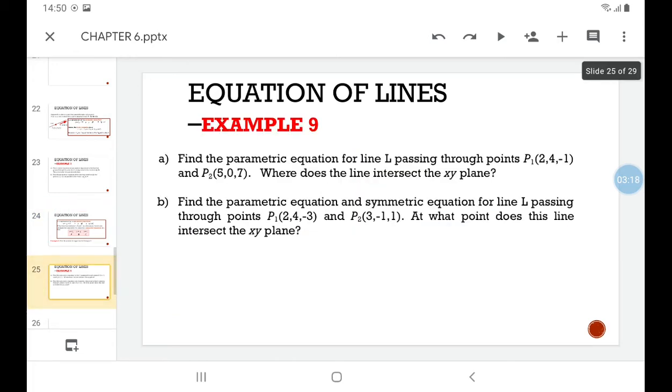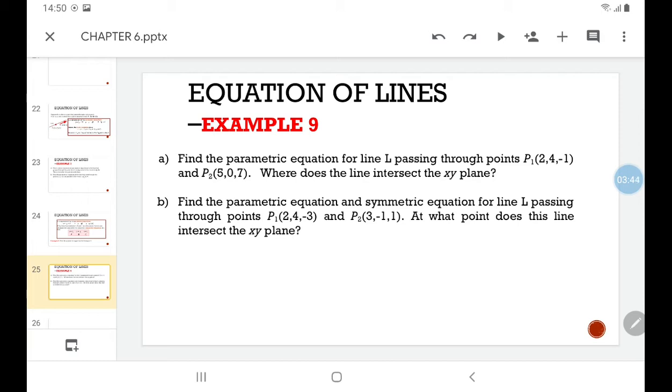Now we're going to do example 9. Example 9 wants us first to find the parametric equation for line L passing through points P1 and P2, and also where the line intersects the XY plane.